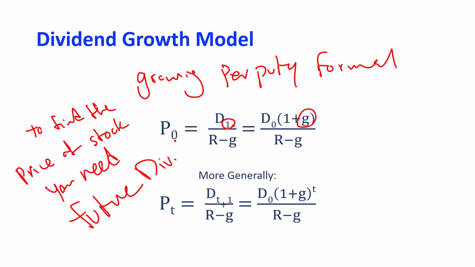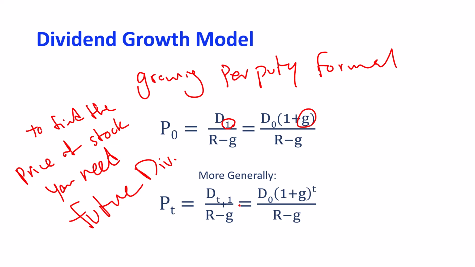So for price today, you need the dividend in year 1 over the difference between R and g. Or you can write it this way: if you have D0, or the dividend that was just paid, that's in the past, times 1 plus the growth rate over R minus g. So these two are the same thing. You can actually generalize this for pricing of the stock at any point in the future.